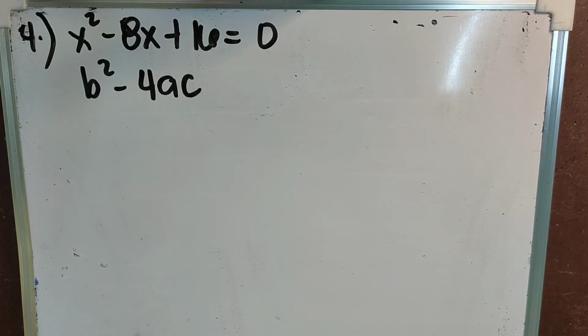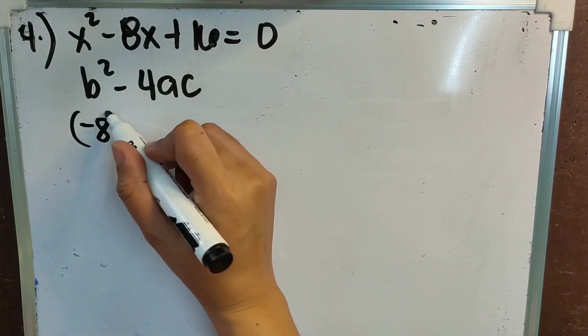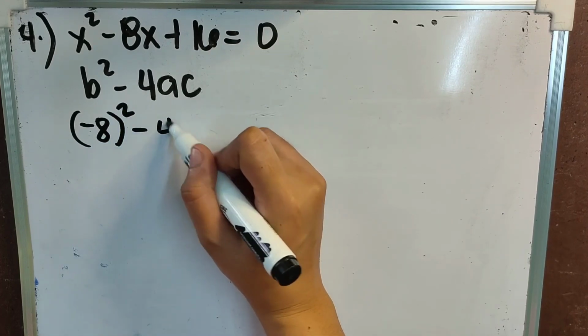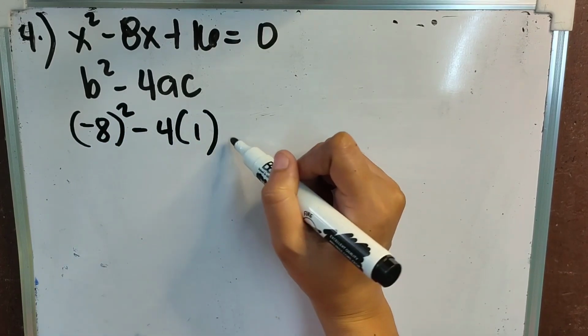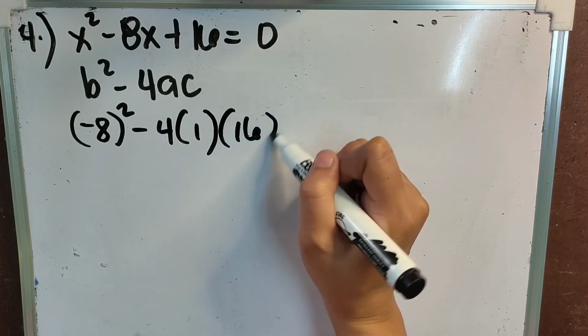X squared minus 8x plus 16 equals 0. So we are going to find the nature of solutions. So we have b squared minus 4ac. Our b here is negative 8. Negative 8 squared minus 4 times 1 times 16.